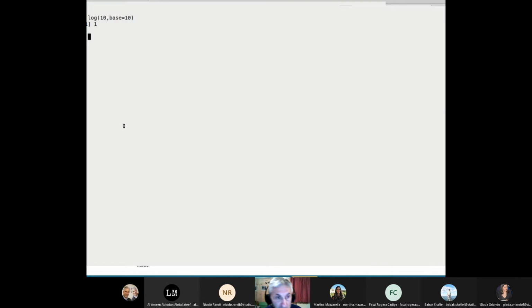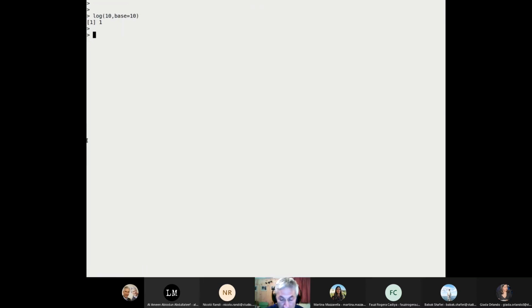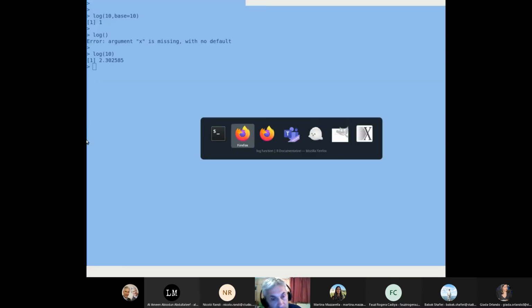So for instance, if I go back to R and I make log without giving any argument, you see the error: argument x is missing with no default. But if I write log 10, I don't get an error because the second argument, which is the base, has a default.